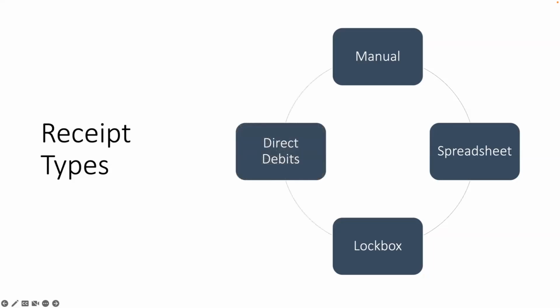You've also got the method of using direct debits, where you ask your customer to pay you in installments directly to your bank via direct debits. Those are the core methods that Oracle currently supports for the receipt of funds from our customers.